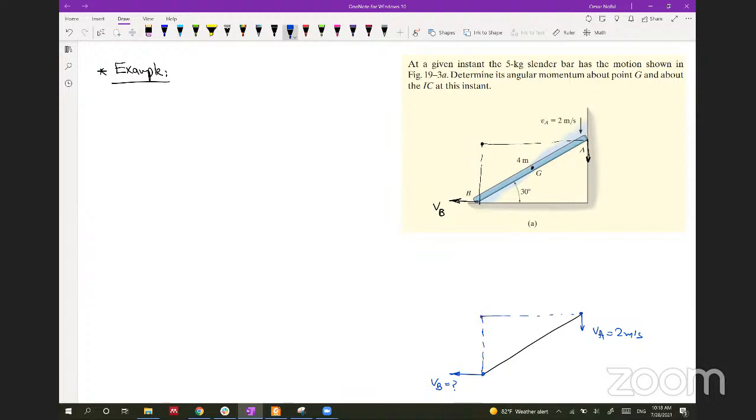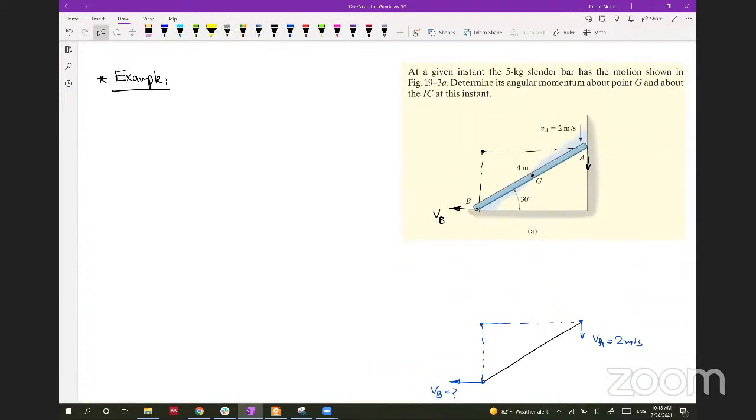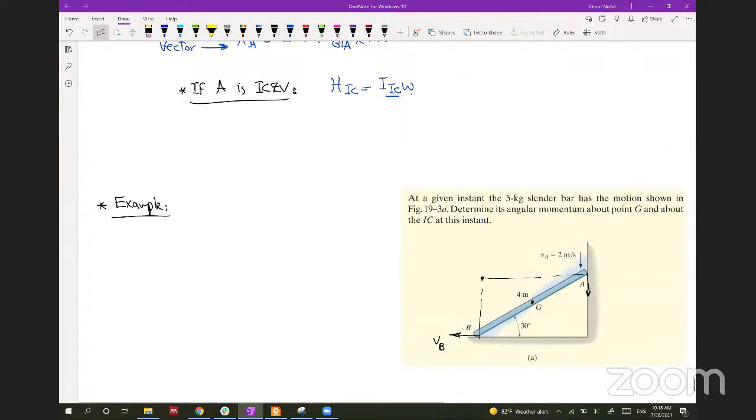It will be something here. So you are given VA for a reason, so let's see what this reason is. You are given VA, so you can get the omega of this body. Because if you know VA and you know the distance to the instantaneous center of zero velocity, and you are given this as 30 degrees, so this will be equal to 4 cosine 30 and 4 sine 30. So VA is equal to omega multiplied by r to the instantaneous center.